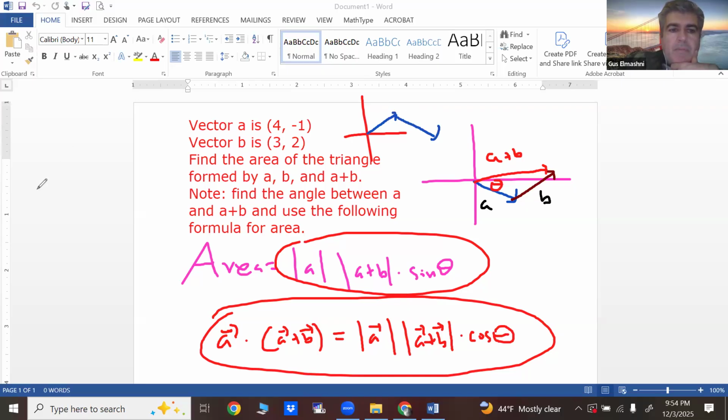It'd be the same thing. You still get the same area, but now you're finding this B. That still gets the same answer.